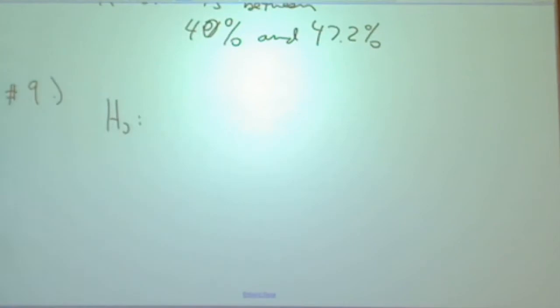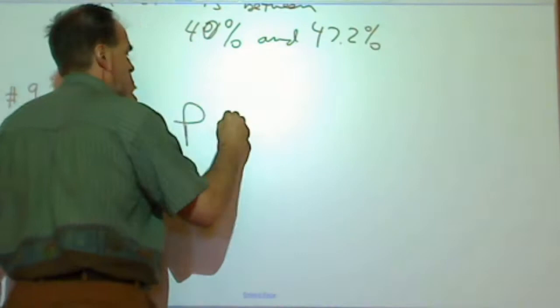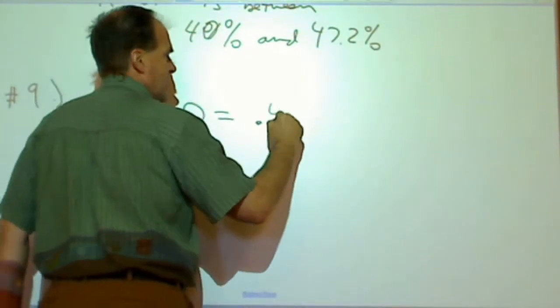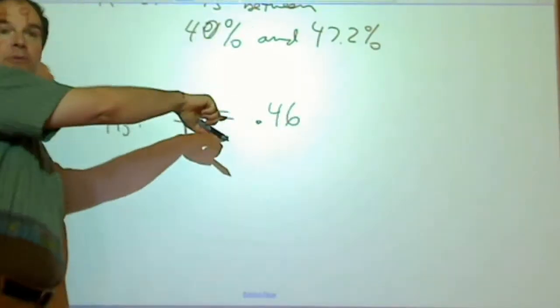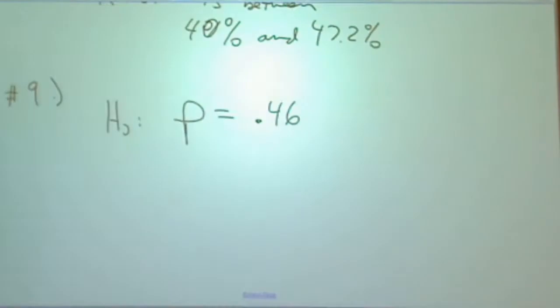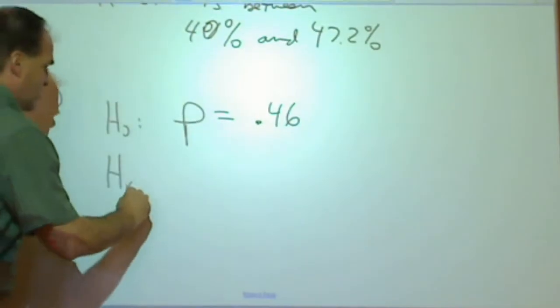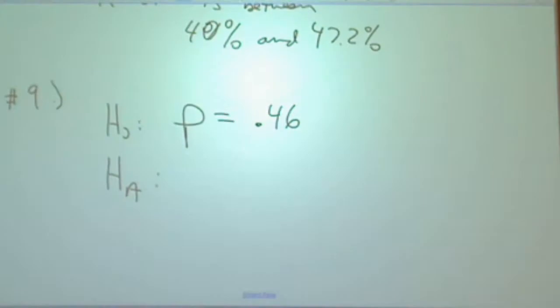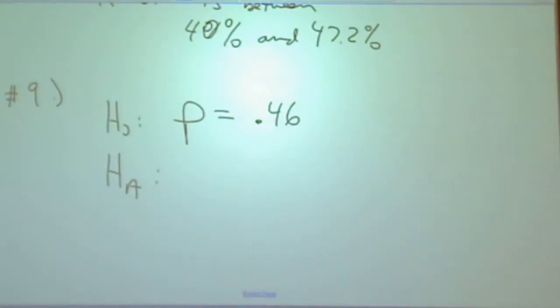So what would our null be? No change. So no, it's not different than Europe's, it's the same. Here's a case where I will use the 0.46. So what's my alternate? It's less, because it says lower.